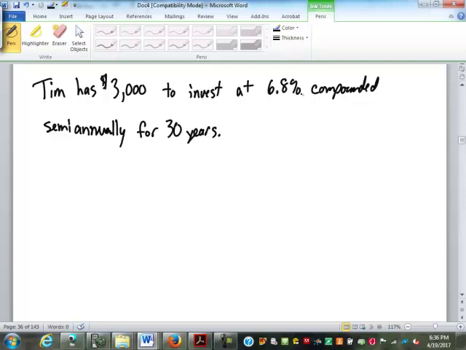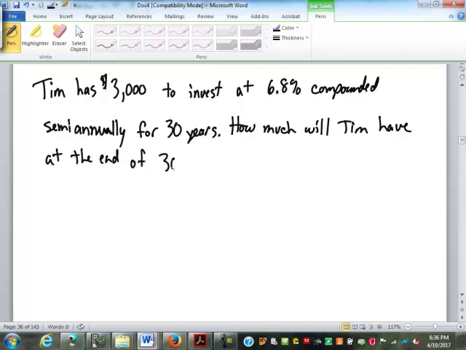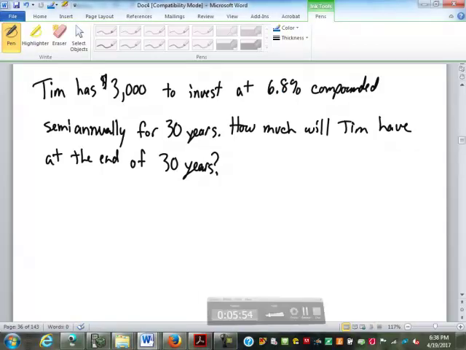Half a year, twice a year. Yeah. Semi-annually for 30 years. How much will Tim have at the end of 30 years? I'll give you guys a couple minutes to work on that.